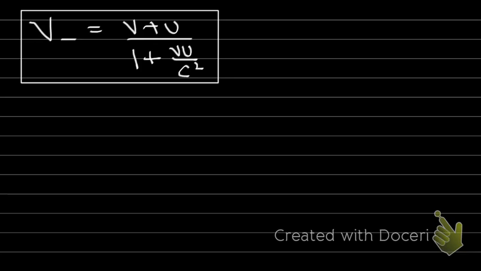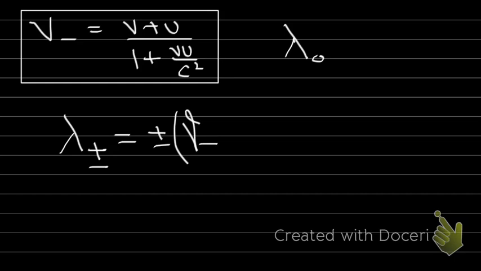Okay, now say lambda naught is the charge density of the line charge in its own rest frame. Then for the positive and negative charges, we would have the charge density as follows: lambda plus minus equals plus minus gamma plus minus times lambda naught, right?